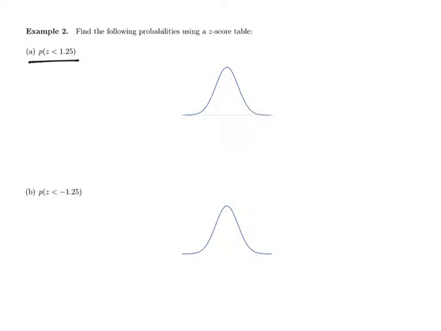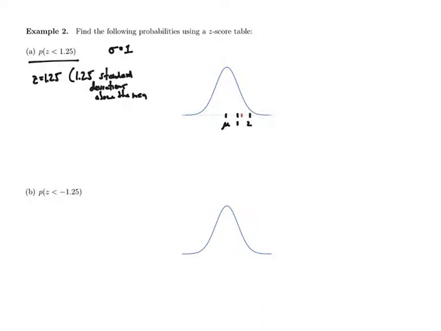First of all, let's talk about what that means. That means if z is equal to 1.25, we are 1.25 standard deviations above the mean. And that's because our standard deviation is 1. So we think about here is mu in the middle. Here's 1, here's 2.